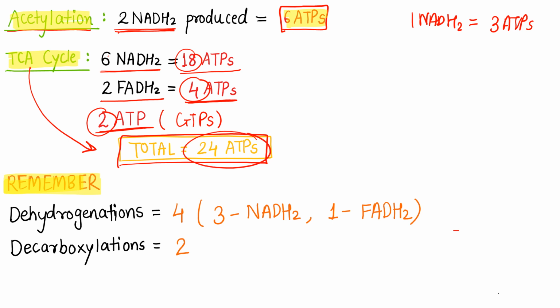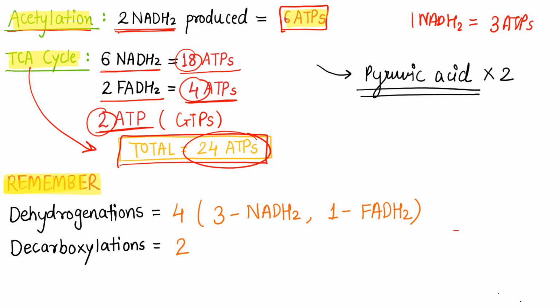Now you may have a doubt that in the Krebs cycle we saw only 4 times dehydrogenation take place, that is 3 times NADH2 was produced and 1 time FADH2 was produced and 1 time GTP was produced. But the pyruvic acid which comes from glycolysis is 2 molecules of pyruvic acid.